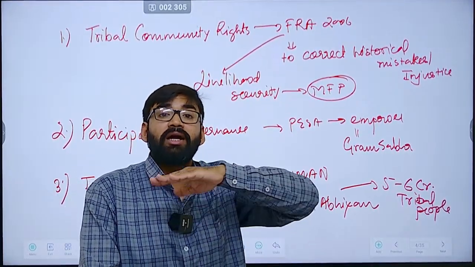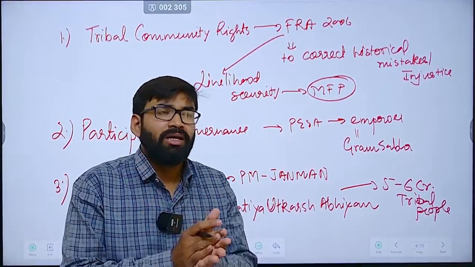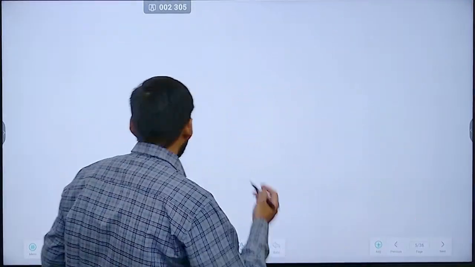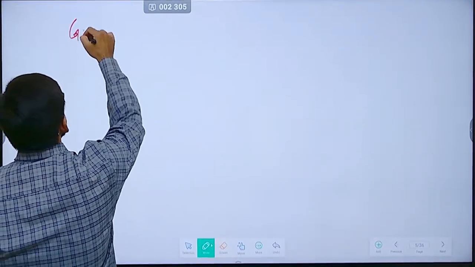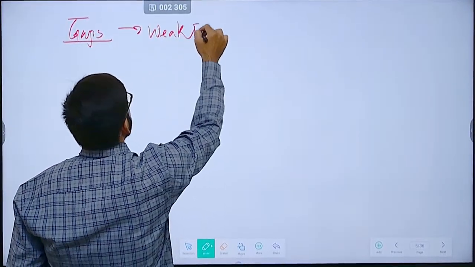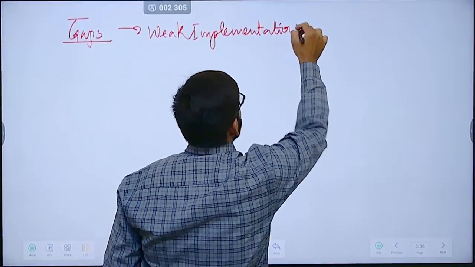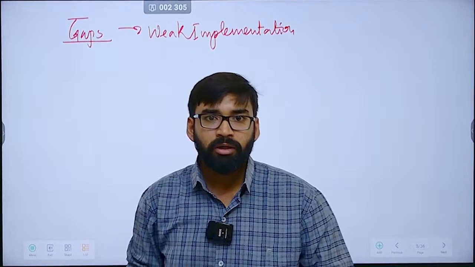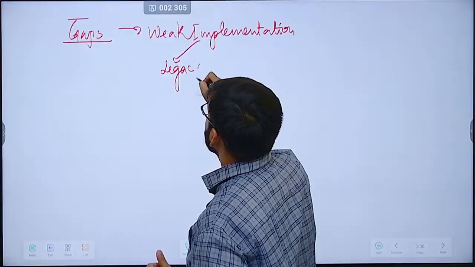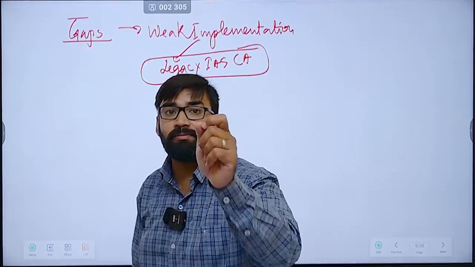But however, the gap persists. Now what are the gaps? Weak implementation is there, you can mention weak implementation. Clear? Now with respect to Legacy IAS current affairs, you can go through our current affairs magazine also.